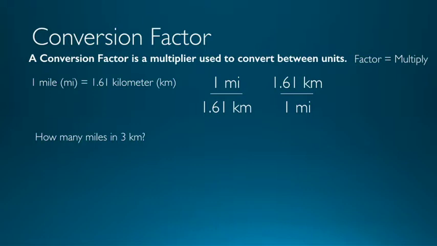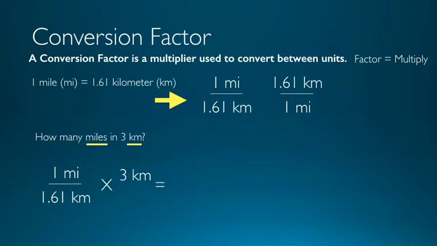I'm trying to find miles to kilometers, so I want the ratio that is set up as miles to kilometers. That's going to be the first one, 1 mile to 1.61 kilometers. So let me take that ratio and multiply it by 3 kilometers.